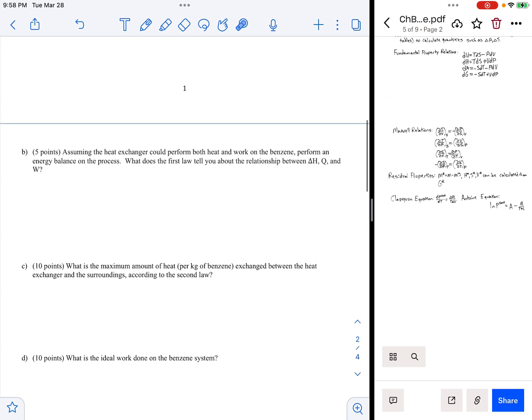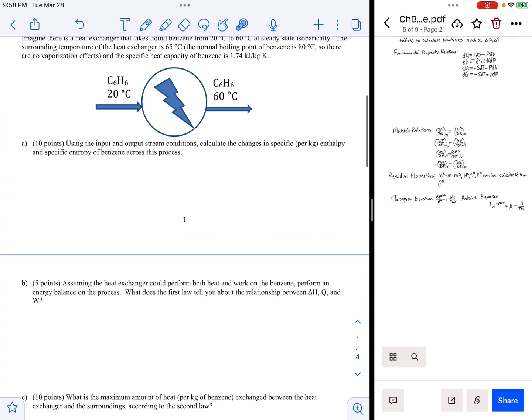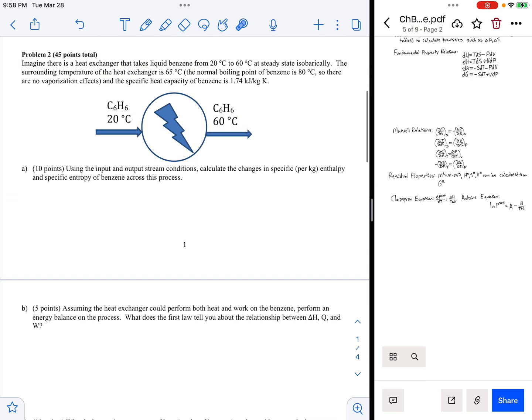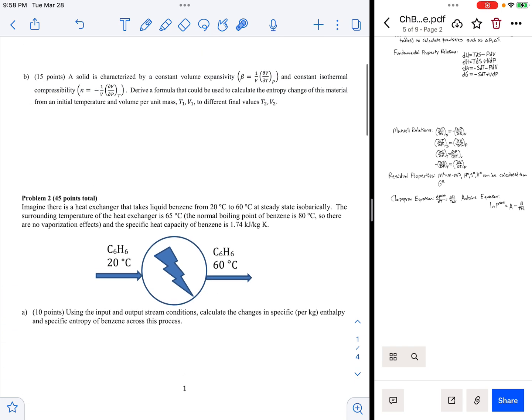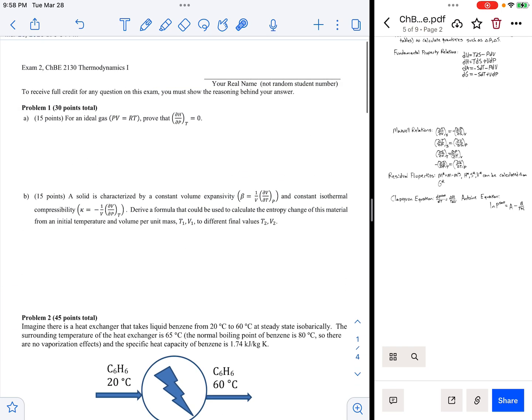Now, problem 2 is largely conceptual. If you're comfortable with entropy, energy balances, things like that, I hope you are, it looks like there's nothing too confusing or crazy about this question, so I might do this next. I would write out the equations before I started cranking out numbers, just like with problem 3.